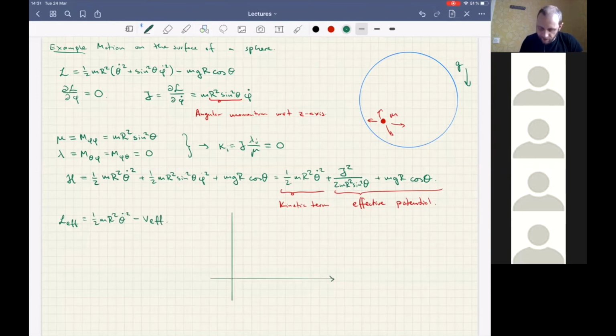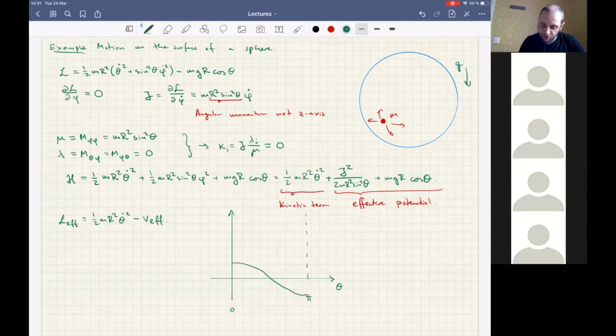If we have theta, and theta now goes from 0 to pi, our original potential, the gravitational term, looks something like this, modulo my drawing skills.